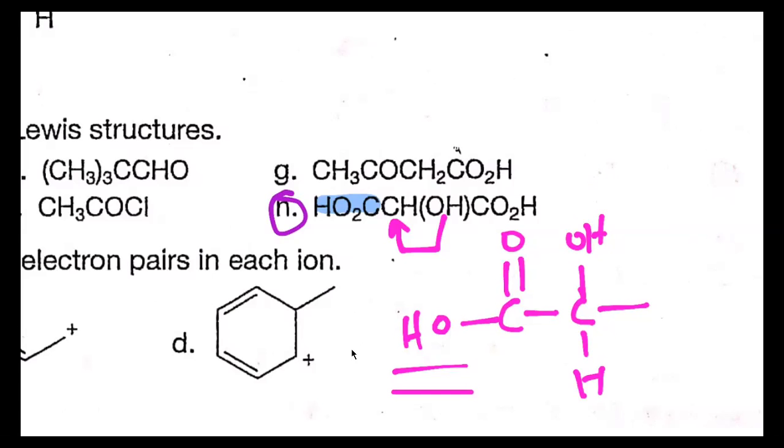I do that because I want to show that it's this atom that's bonded. It's the oxygen that's bonded to the carbon. If I had written it like this, it might confuse you, because then you'd think hydrogen is bonded to carbon, but it's not, because hydrogen can only make one bond.